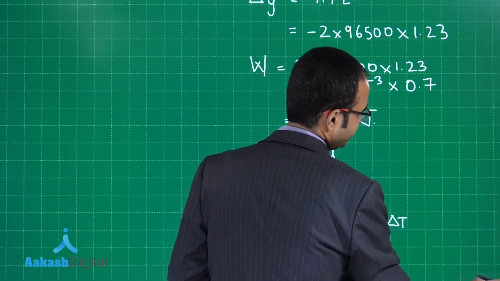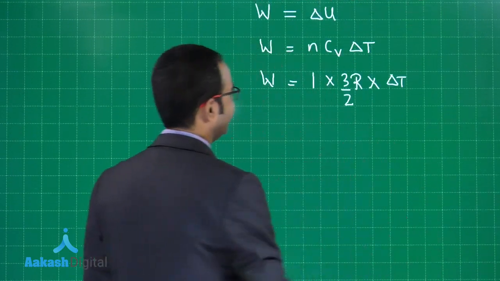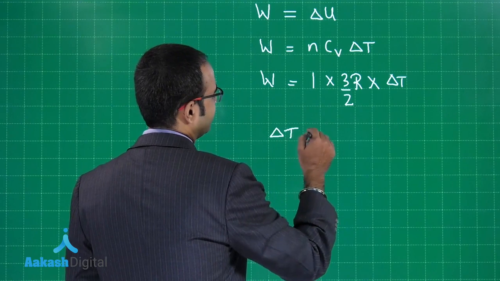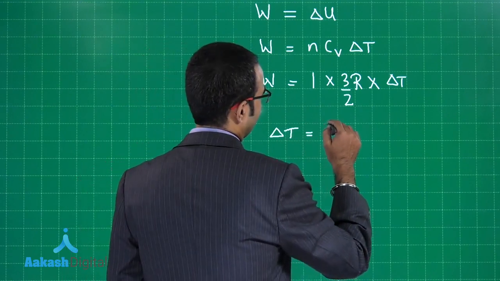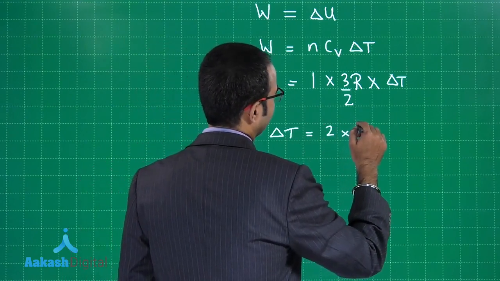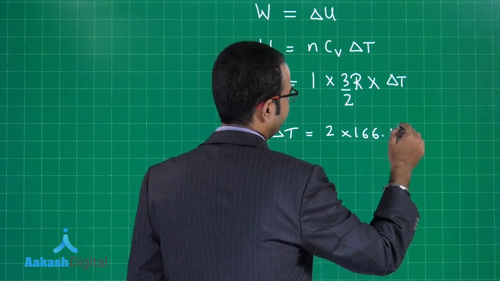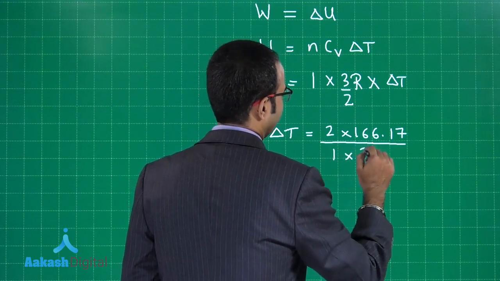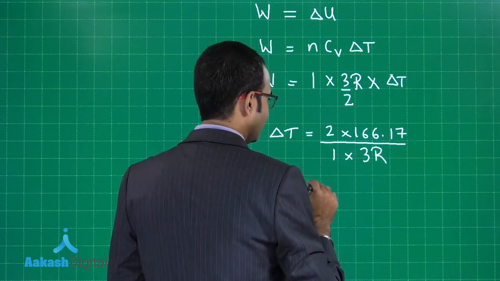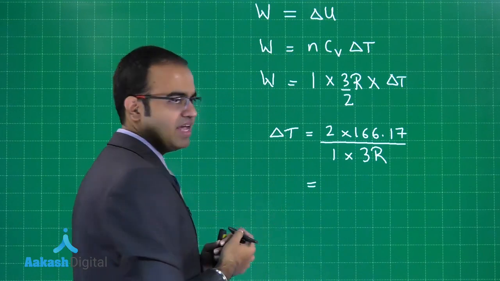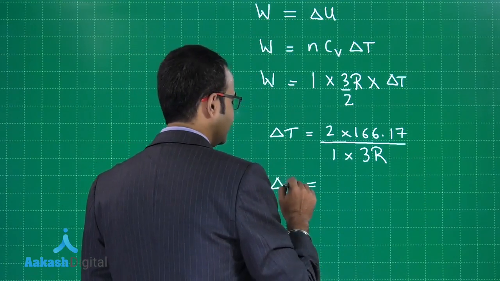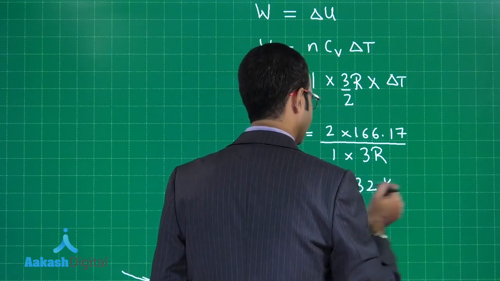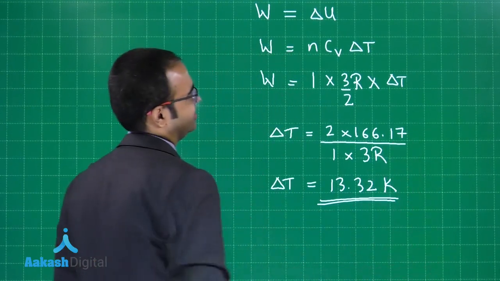So if I solve this equation, what do I get? Del T is equal to 2 into 166.17 divided by 1 into 3R. On solving this, I will get delta T as 13.32 Kelvin. So that is your final answer, guys.